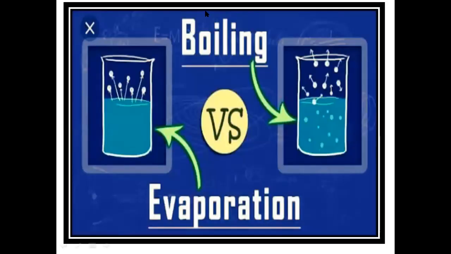Now the two processes. Boiling results in conversion of liquid into the gaseous state. Evaporation also involves conversion of liquid into gaseous state. But there are differences which separate boiling and evaporation and make them different phenomena.